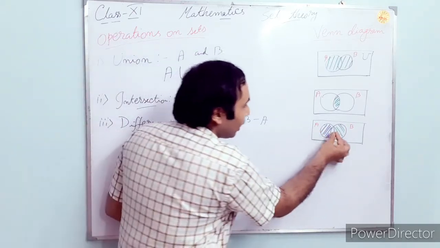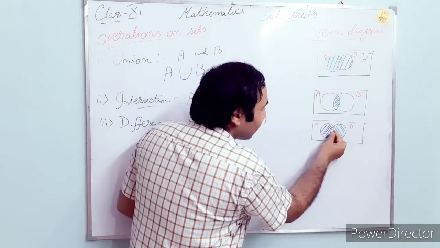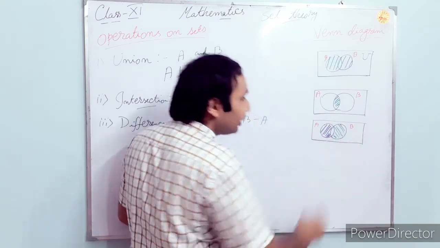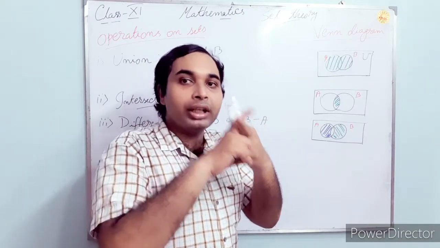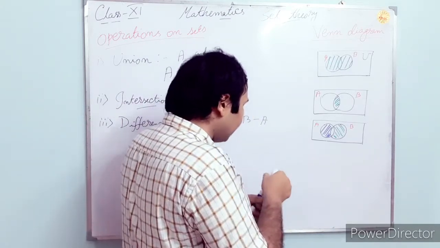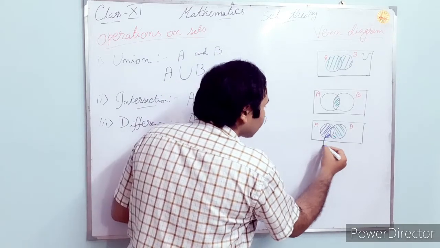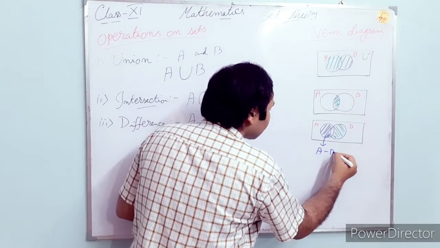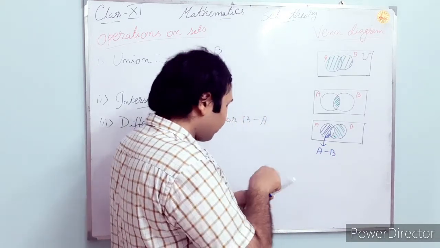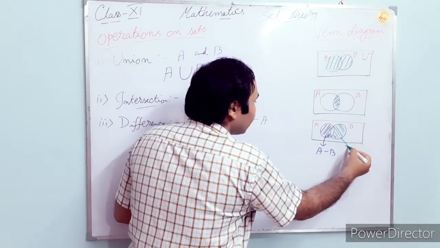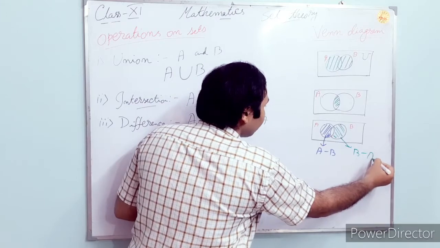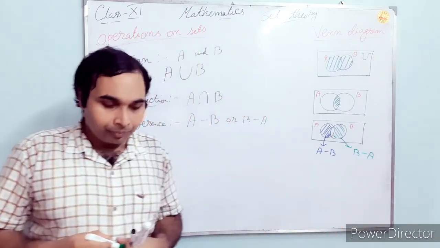That means we are taking out the part of B from A. What was the common part? That part we are taking out. Then the remaining part is called A minus B. Similarly, from here, the part of A we are taking out from B. That's why it is called B minus A.